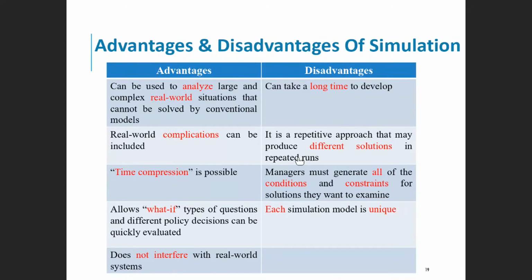But if you are working with large historical data, and you have your characteristics specified correctly, and you run the simulation model for a long time, the changes in the solutions will not be that big or that large.